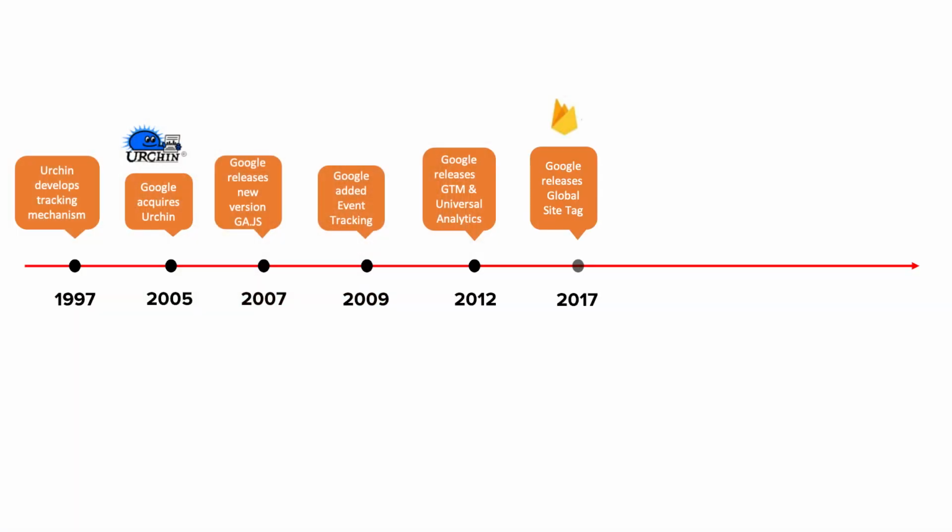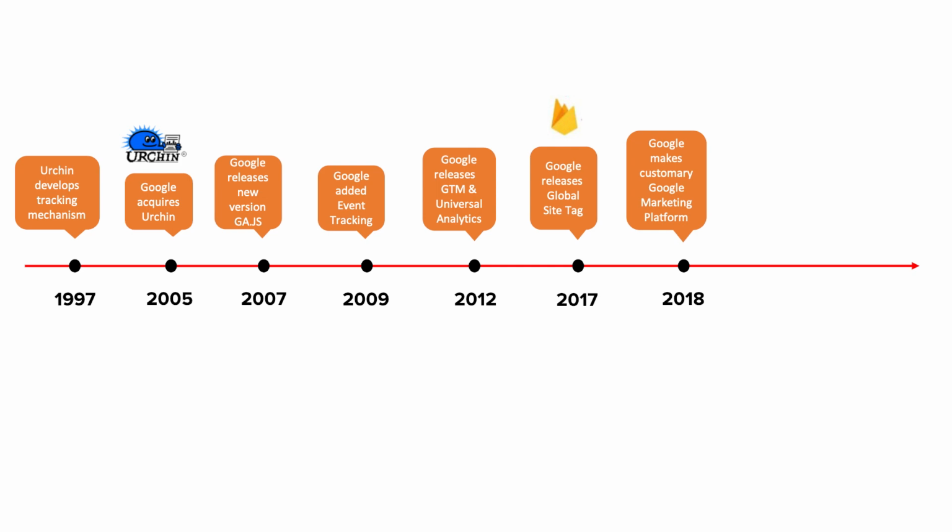Time flowed by. GTM was being used for tracking, and at the same time you could also use analytics.js, which was Universal Analytics. In 2017, Google released a newer version, the Global Site Tag. In 2018, as all of us are aware, Google released Google Marketing Platform.